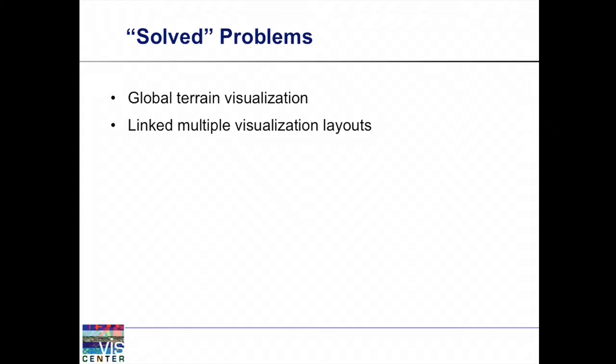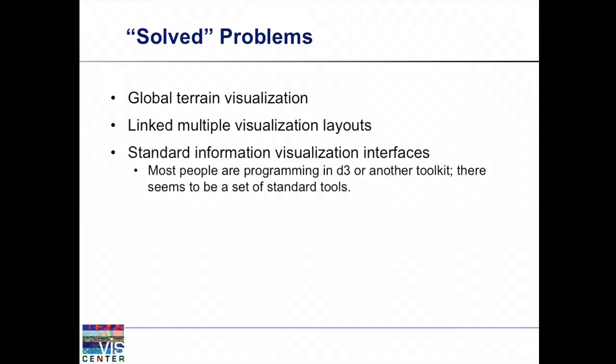This is a solved problem, or at least this aspect of the problem is solved. Now, linked to that last one, standard information visualization interfaces. We now have web service-based tools that most of us who build these types of interfaces, even for research, use. They're very useful, very effective, very expandable. And so to that extent, maybe this is a solved problem.